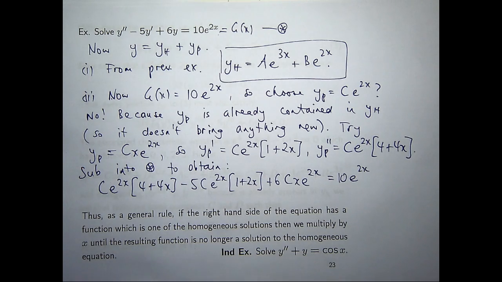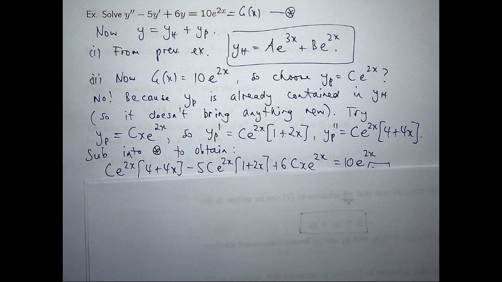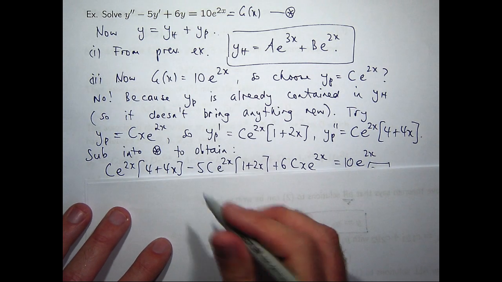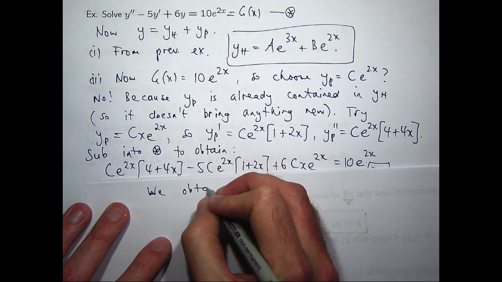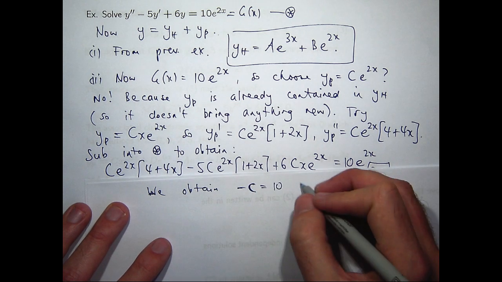Okay, so a little bit of algebra is required, and x times e to the 2x will all cancel out when you expand that. So we're going to get 4c minus 5c is going to be something like minus c equals 10, right? Just by equating the coefficients.